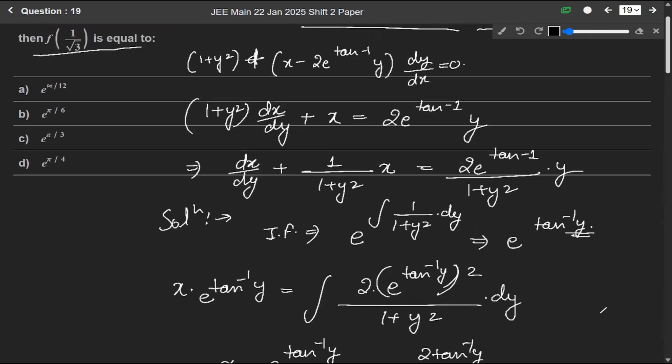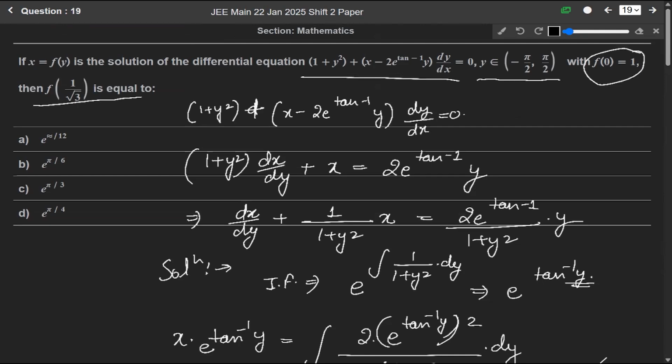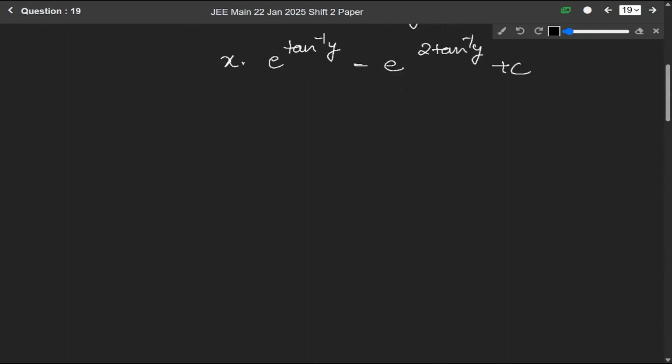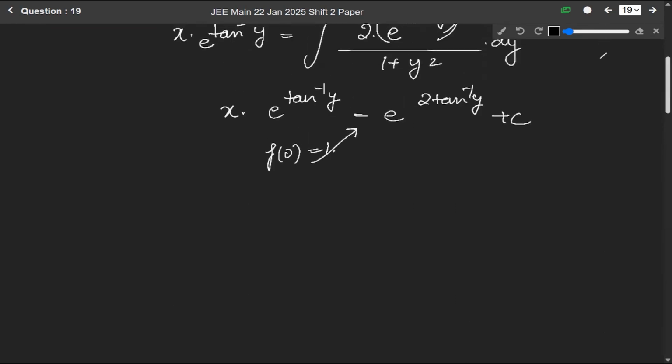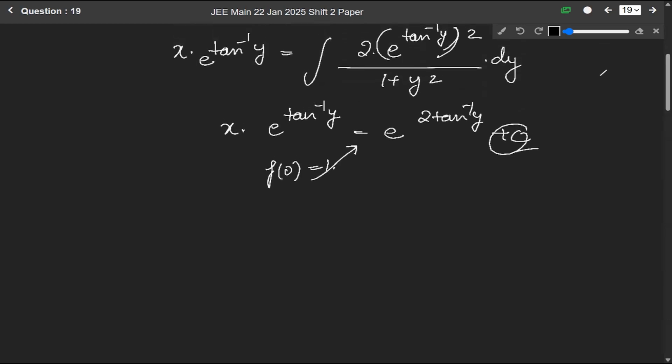Okay. And in the question, it is given that f(0) equals to 1. So if f(0) is equal to 1, then c will be equal to 0. So our equation will be x equal to e to the power tan inverse y. Okay.